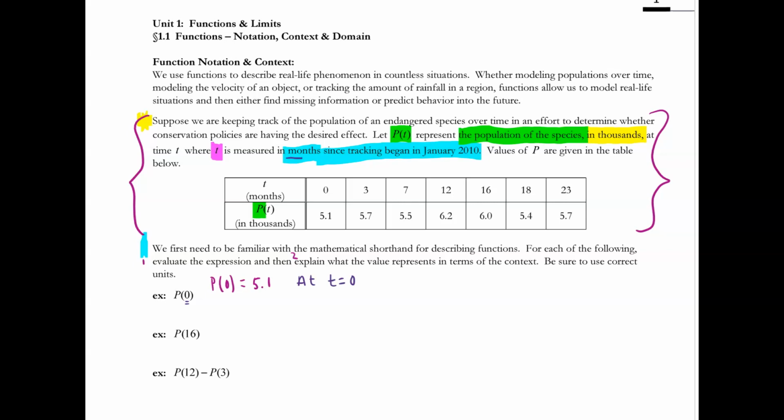To really bring this into context, I need to say this whole thing, because this is the context of the problem. So at t equals 0 months since, and I'm not going to say the since tracking began part, it wouldn't hurt, but I'm just going to say t equals 0 months since January 2010.